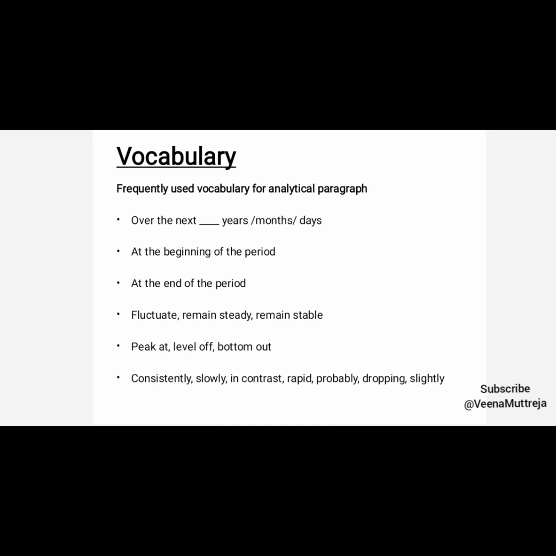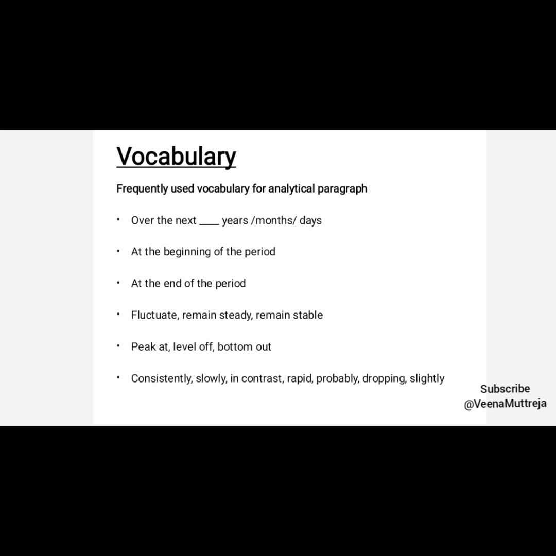Words like fluctuate, remain steady, remain stable, peak at, level off, bottom out, consistently, slowly, in contrast, rapid, probably, dropping, slightly. These phrases or words can be used while writing an analytical paragraph to make it more effective.